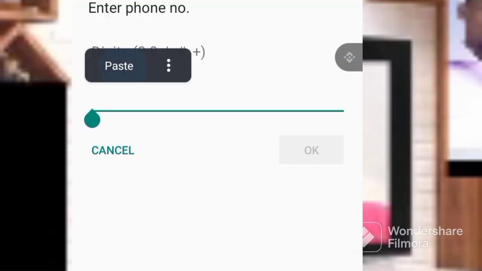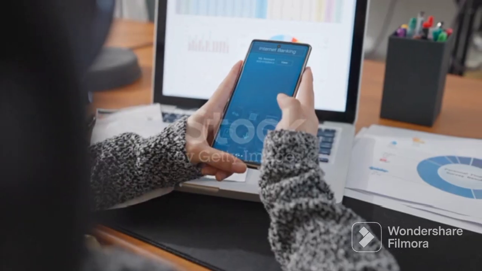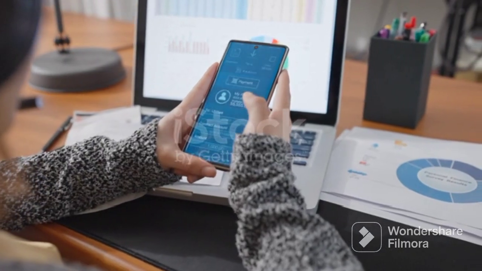That is already done. What you do next is you put the amount that you want to buy. Then you confirm. Once you confirm, you put your PIN number, and once you put your PIN number, you send the money.